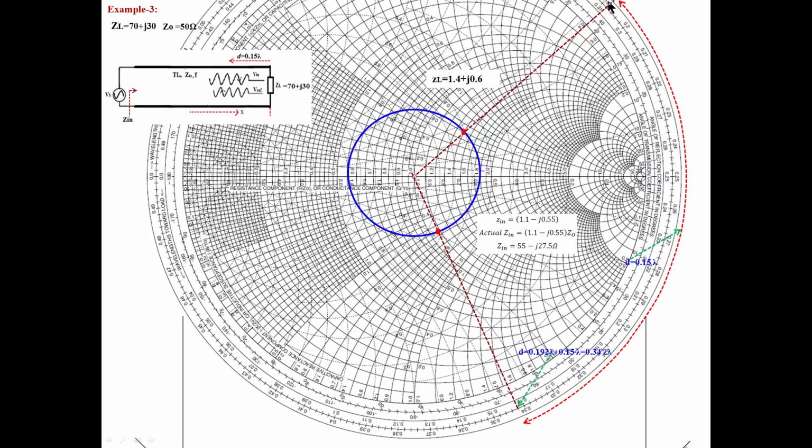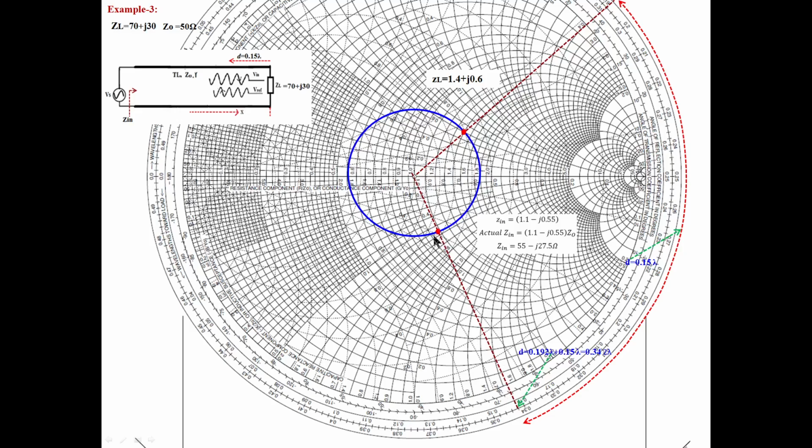You stop there on the generator scale, and from here you draw a line to the center of the Smith chart.